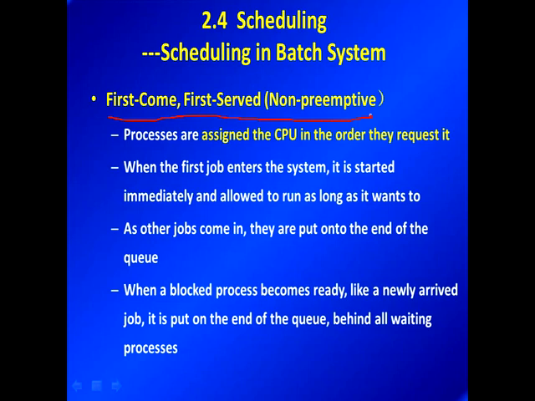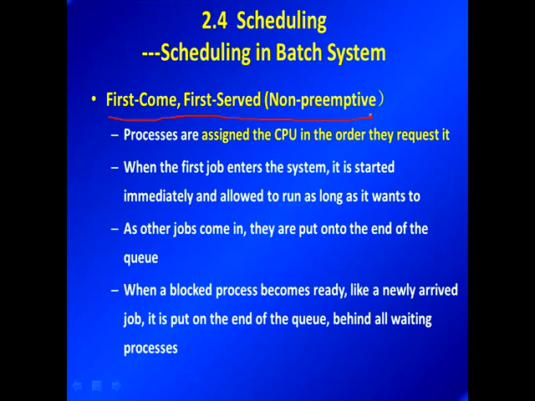So it means how does the scheduler select the process from the system? It just selects the first come process. Whichever one arrives at the system first, that process will be selected.